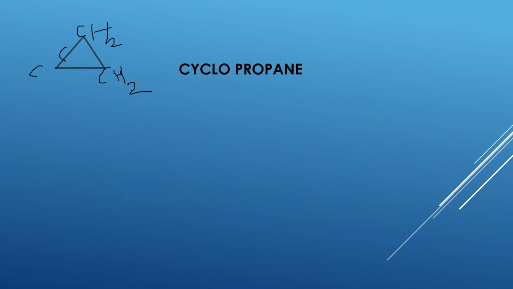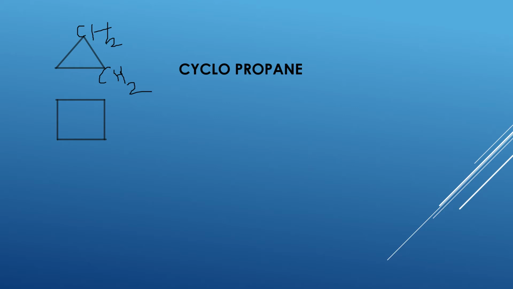So CH2, CH2, CH2. 3 CH2 groups are there here. So that's why we are going to write this one as cyclopropane.